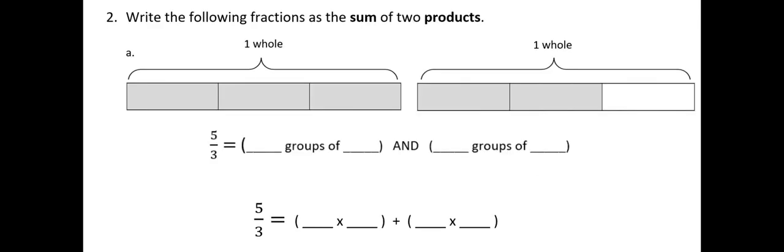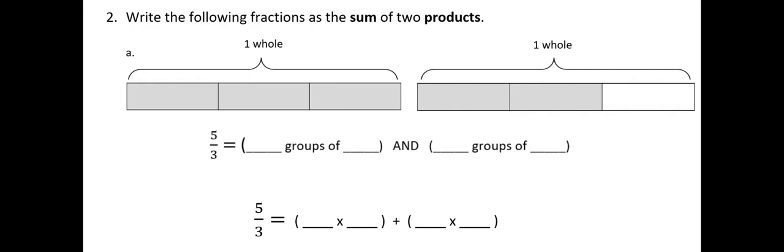In the next section, we're going to look at the fraction as 2 different pieces, and we're going to create a multiplication problem for each piece and then add those together. You can see in problem A here, I have 5/3 altogether. Since my numerator is greater than my denominator, I have more than one whole. So I'm going to break this into 2 different pieces.